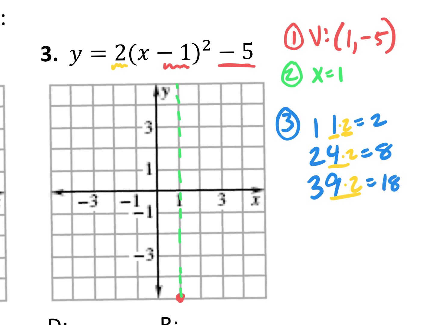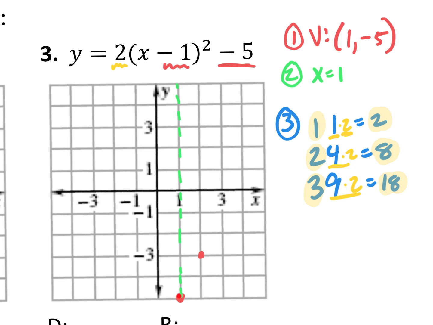So your new modified pattern is 1, 2, 2, 8, 3, 18. I know not all of us have highlighters, maybe you want to circle it, but that's your pattern from the vertex. Because the a value is positive, it will be opening up. So from the vertex, let's go 1 over 2 up. Put a dot right there.